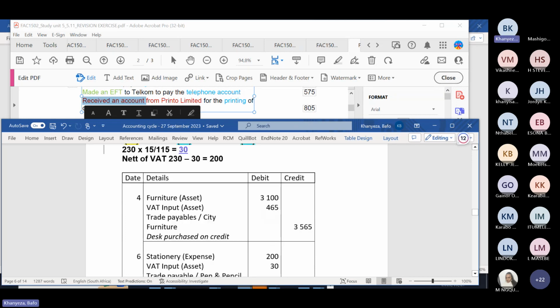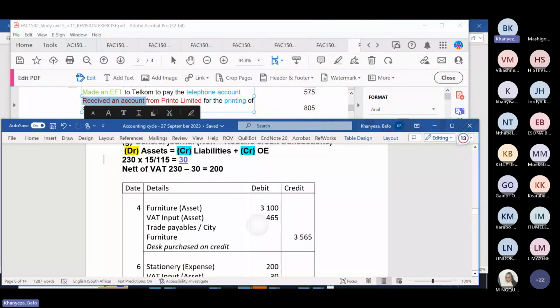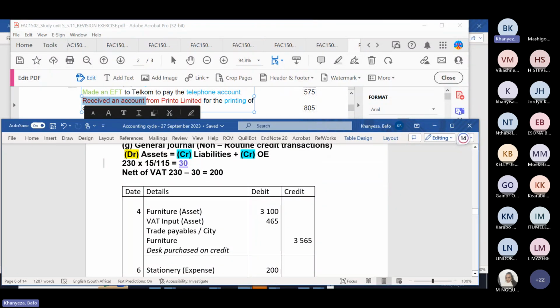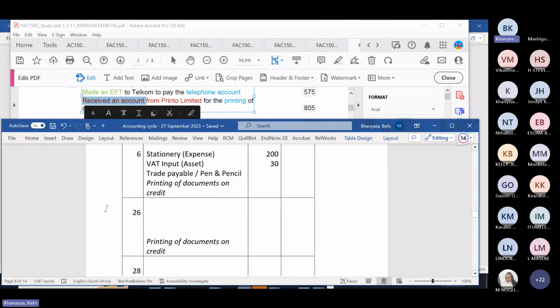Again, I've shown you the debit and credit. Assets are debit; credit liabilities and owner's equity. So are we going to debit this or credit? We will split this 805. How much is VAT in this, net of VAT?